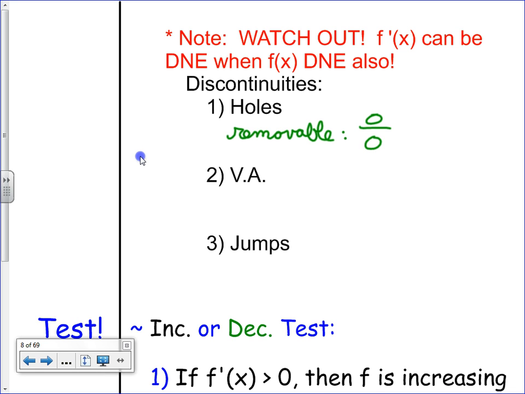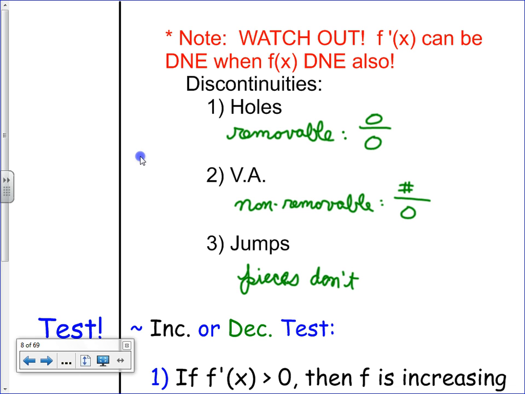Vertical asymptote, what was that one? Yeah, non-removable. Set the denominator equal to 0, plug in, especially if it's a nasty function, if I get a number over 0. Jumps, well, they're going to be funny piecewises that don't connect. Well, you can say pieces don't connect. You guys get that, right? If it's defined in pieces, it has to be a piecewise. They don't connect at a separator.